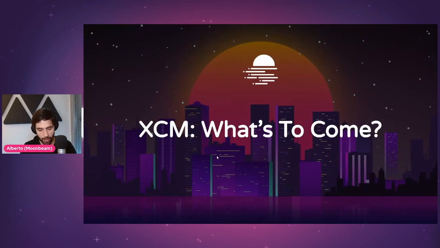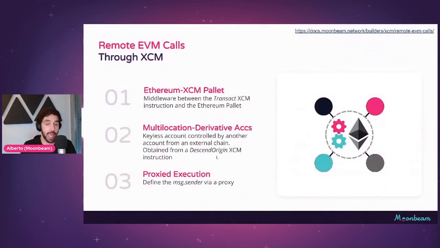All right, XCM, what's to come? And I think I spoiled it already early on, and actually Kevin as well. And so, we're working really hard on how you can access the Moonbeam EVM through basically XCM, so that other parachains can use it and ensure that they can execute smart contracts or Solidity smart contracts through XCM. And so in order to do this, we actually had to code an Ethereum XCM pallet.